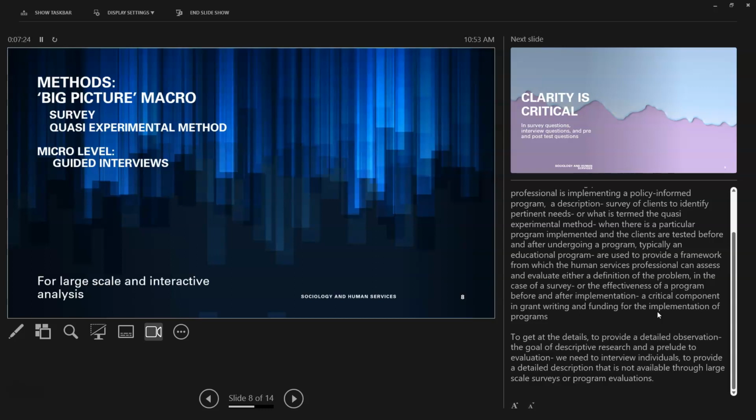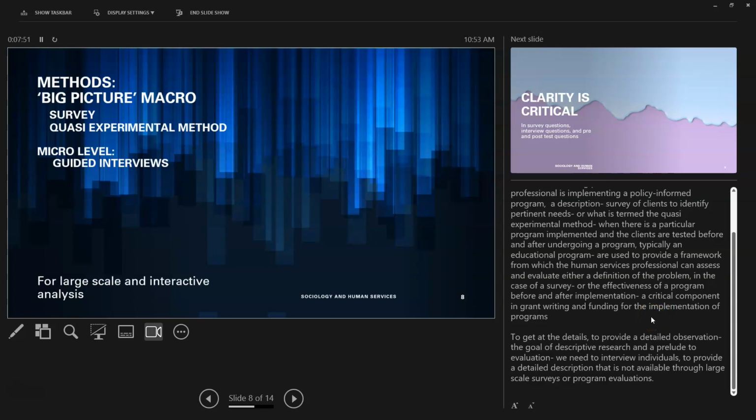These are used to provide a framework from which the human services professional can assess and evaluate either a definition of the problem in the case of a survey or the effectiveness of a program before and after implementation, a critical component in grant writing and funding for the implementation of programs and the resources necessary to do so.